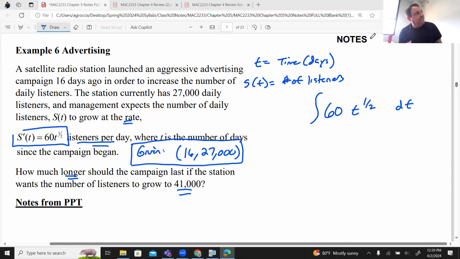So again, the idea is we have a rate of change and we're working backwards to find the total. So the 60 stays in front, add 1, divide by it. I'm going to call it 1.5, divided by 1.5, plus C. So this is going to tell me the total number of listeners.